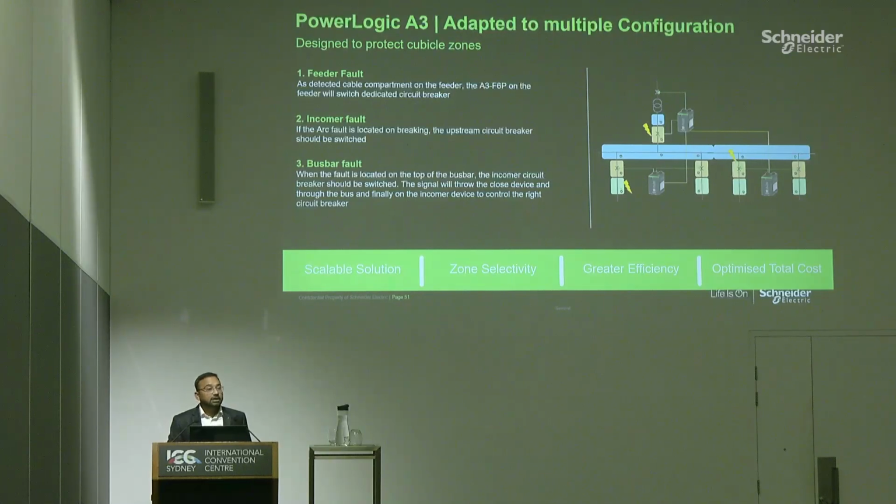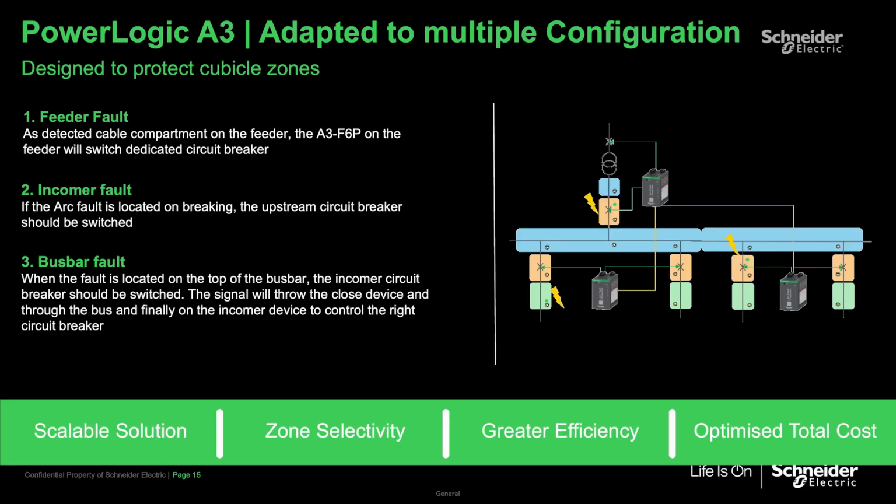Second, PowerLogic A3, something which we introduced almost 2 years back. It is adapted to multiple configurations. You can understand that A1, which is a very basic device with 4 sensors, and WAM321 or a future A5, which is 160 sensors, sometimes become an overkill for a lot of configurations.